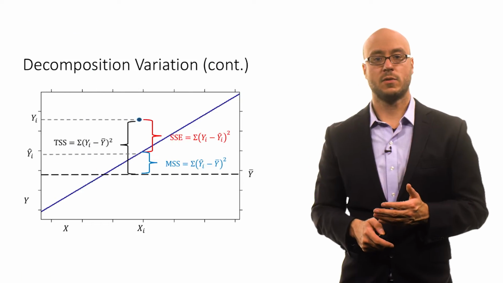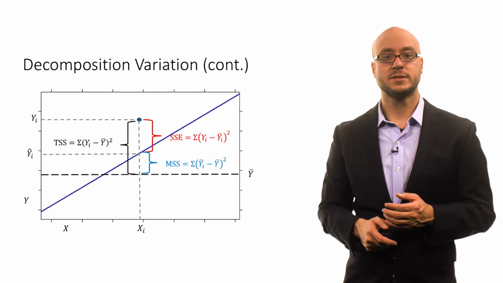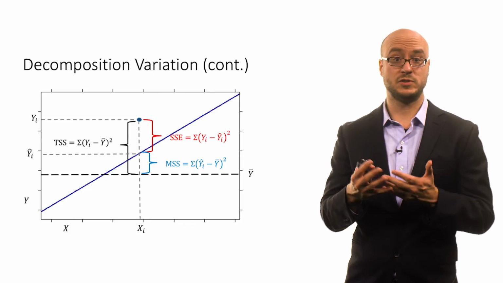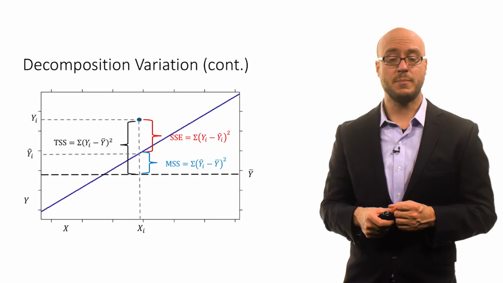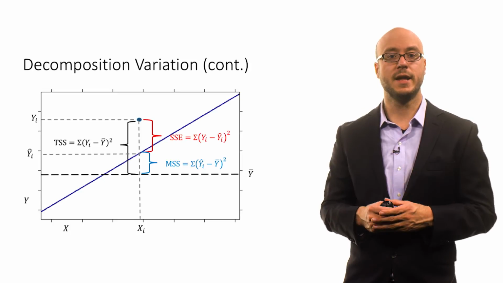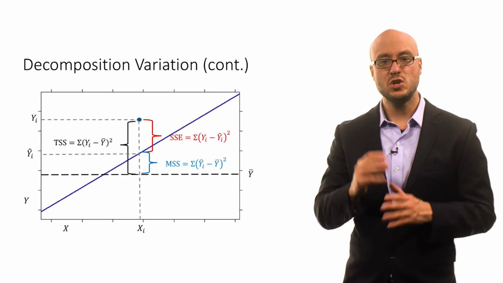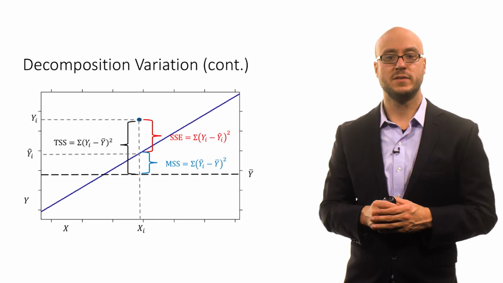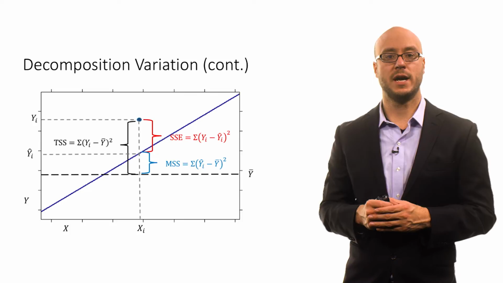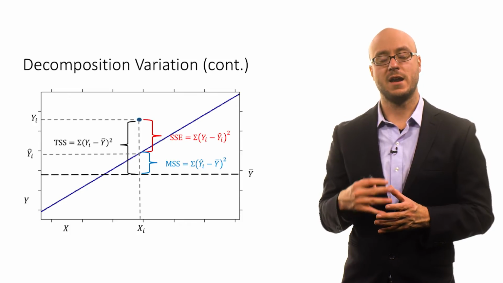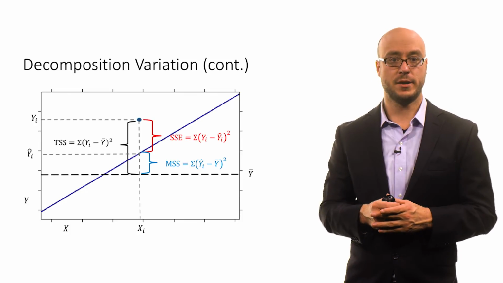Right? And for a given value of x, for a particular person or row of the data set, that person's value of the outcome you can split up in terms of that which is accounted for by our model and that which is not accounted for by our model.